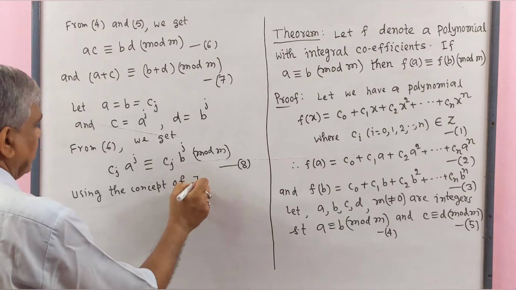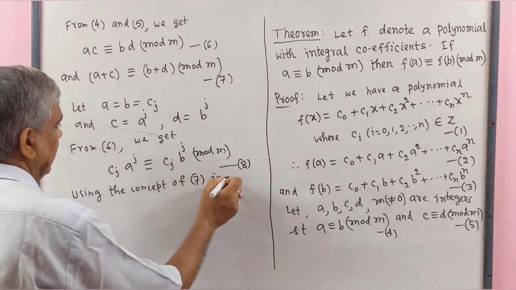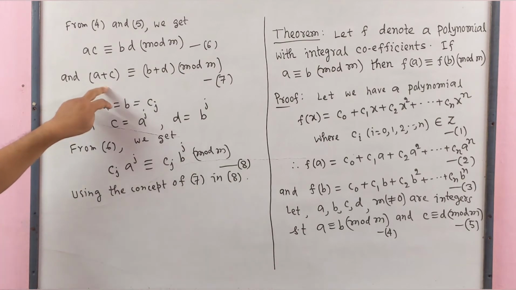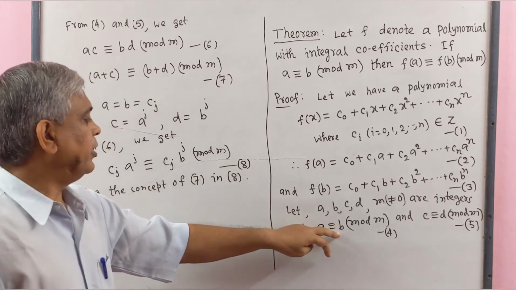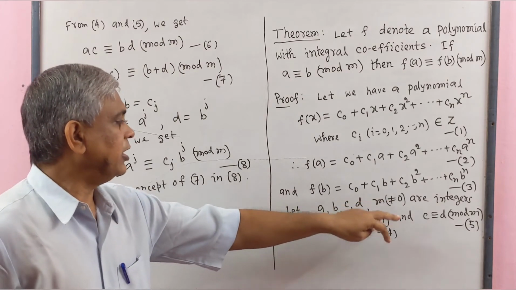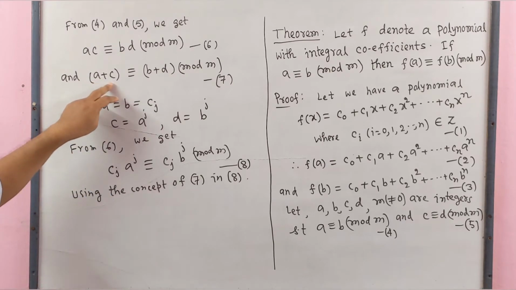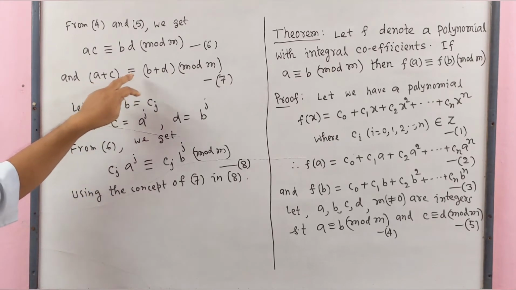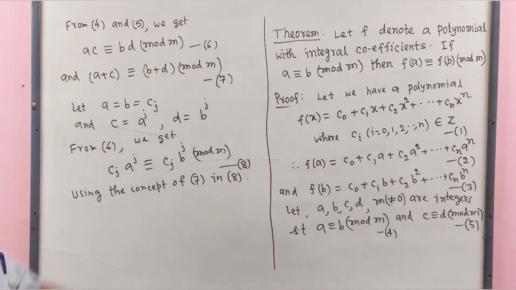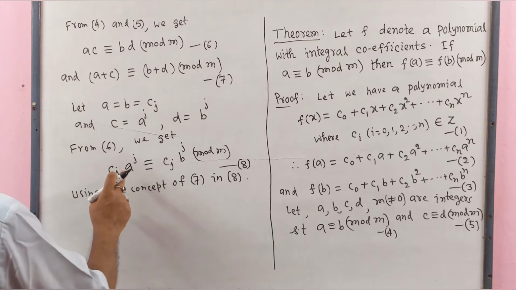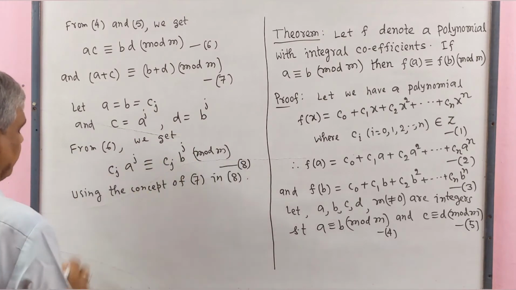In 7, we get if a congruent b modulo m and c congruent d modulo m, therefore their sum a plus c is congruent to b plus d modulo m. Therefore, we may use sigma in both sides of 8.